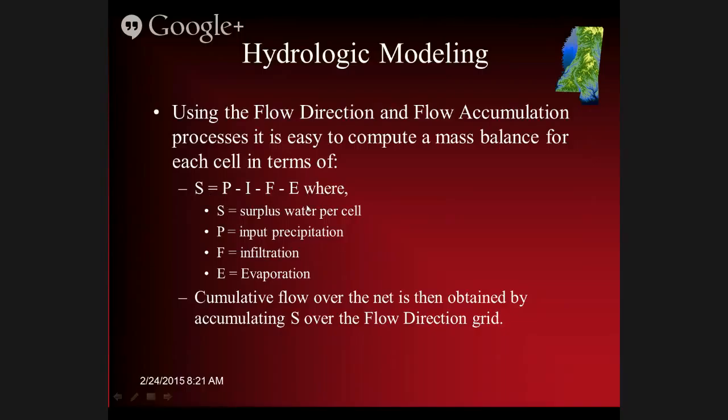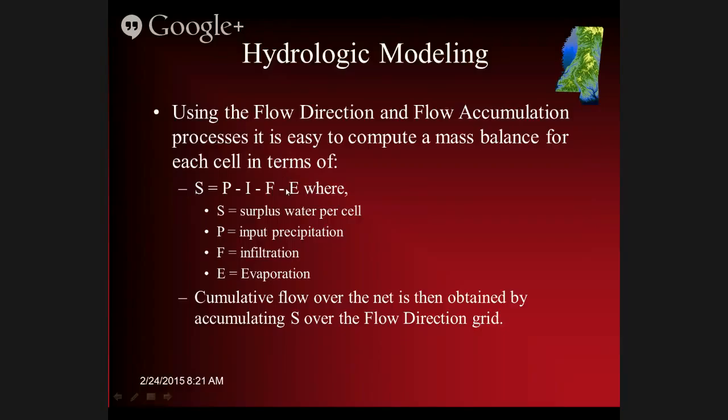This is a surplus water per cell. So we're trying to figure out how much water is going to leave every cell, okay, based on the input precipitation, that's P, the infiltration, I, okay, there's a constant term here, and then the evaporation, okay.